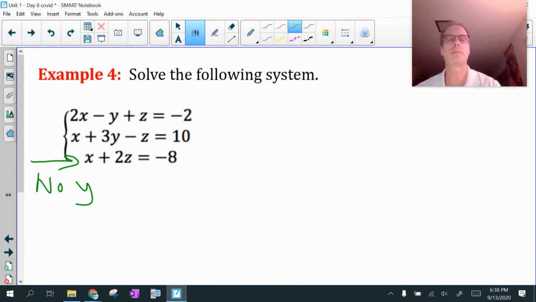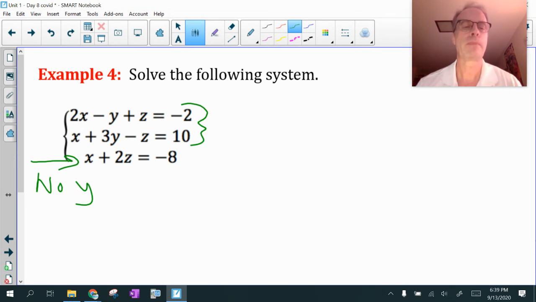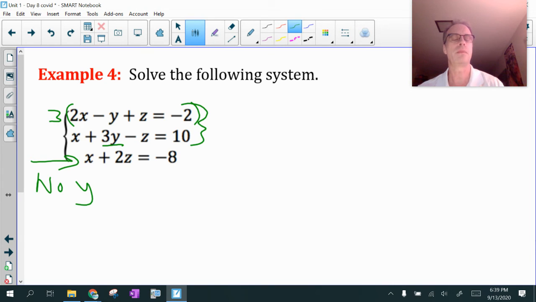So I'm going to combine my other two equations so that I eliminate my y. I'm going to do that by multiplying the top one through by 3, because that way I eliminate with the 3y, since I get the negative 3y from those two. And I'll be ready to roll.